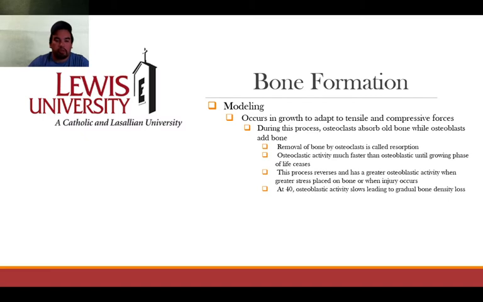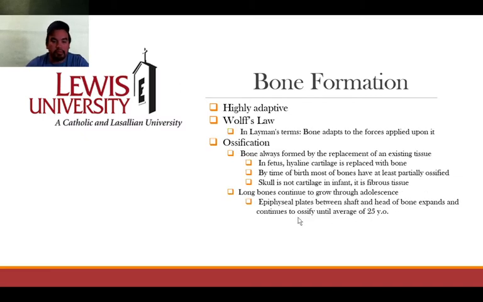So this is what I was going to say in the last slide, that the epiphyseal plates in the shaft and head of the bone expand and continue to ossify until age 25. So when you have athletes, you may find that when they get to college, you're like, I grew 3 inches. What happened? Maybe you started a weight training program where you're loading the bones a little more, and now you're asking these bones to grow because you need to ask more of them.